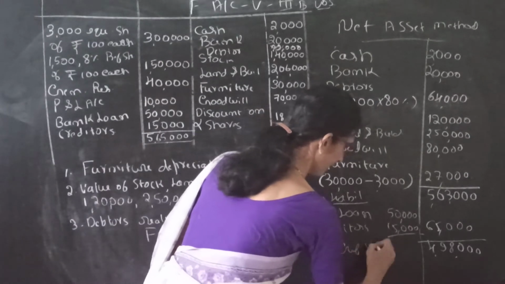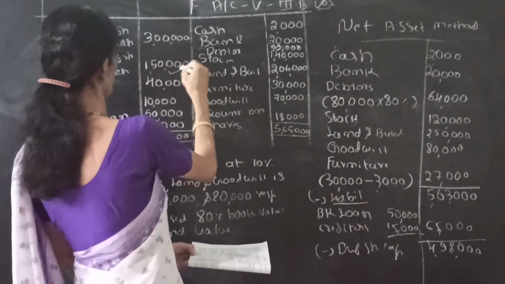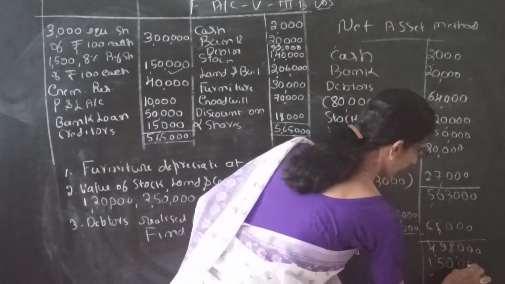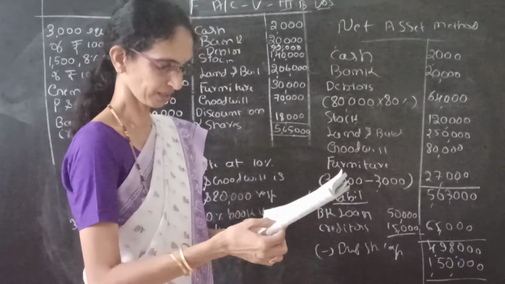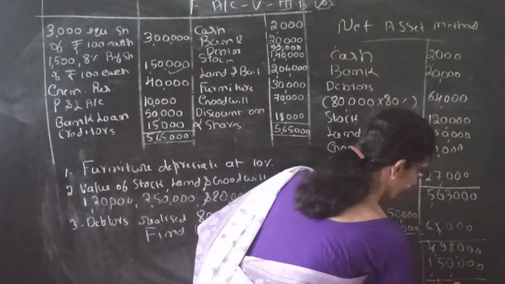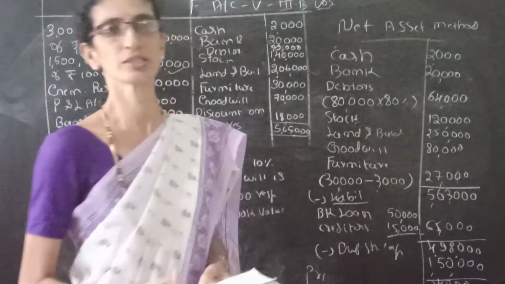See, the preference share capital is 1,50,000. So we have to deduct 1,50,000. Then we get 3,48,000. This is the profit available to shareholders.